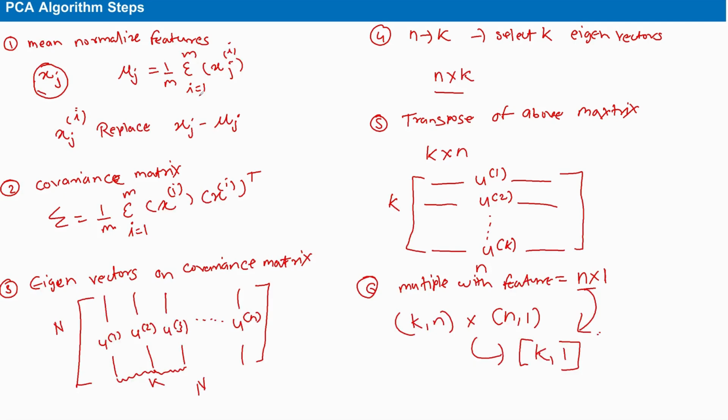Inside PCA we reduce the dimensions of the features from n to k, and inside the reprojection, we can again retrieve the original data by transforming this k vector back to n. So how do we need to do this? Here, this matrix is the one where we are getting this k by n.